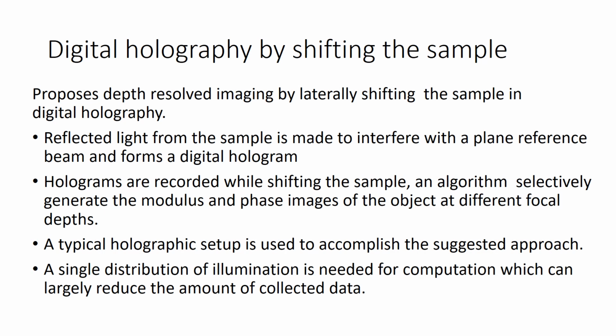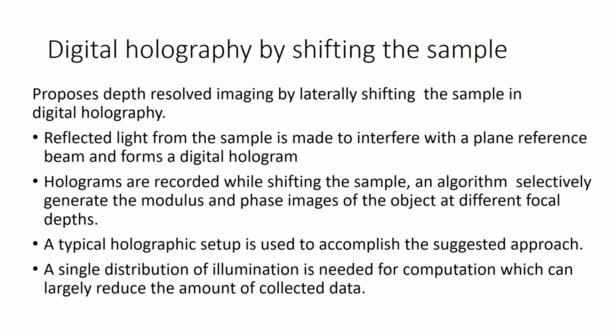So here we propose an alternative technique to obtain depth resolved imaging by laterally shifting the sample in digital holography. The reflected light from the sample is made to interfere with a plane reference beam and it forms a digital hologram. The holograms are recorded while shifting the sample.